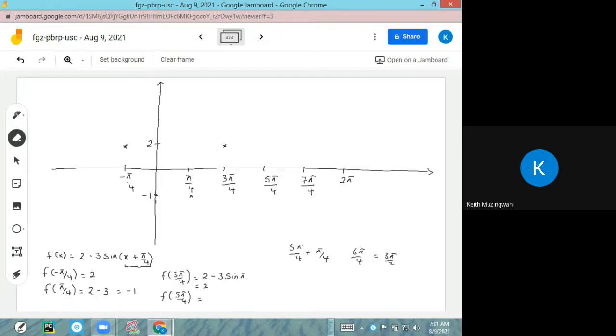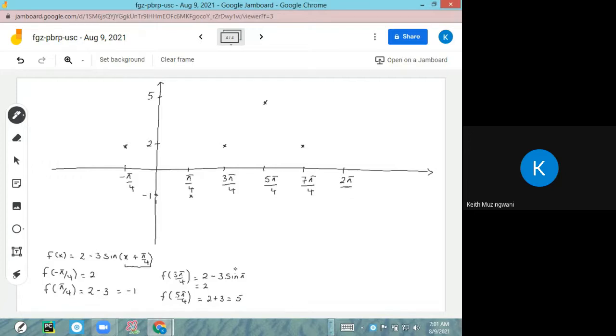Now this is 270, and sine of 270 is negative 1. So negative 1 times negative 3, we get positive 3. Positive 3 plus 2, we get 5. So go to 5, a point there, meaning that the other point is going to come here. And then the interval ended.